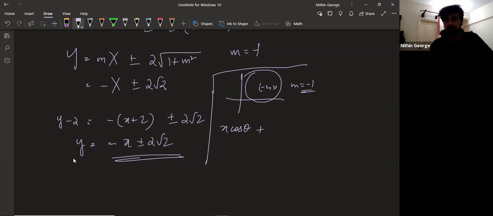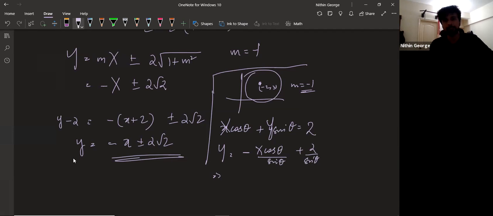Okay, capital X cos theta plus capital Y sin theta equal to, look, the center is no longer the origin. So you introduce capital X equal to A, and A is equal to 2. So I'll write this as y equal to mx plus c form.